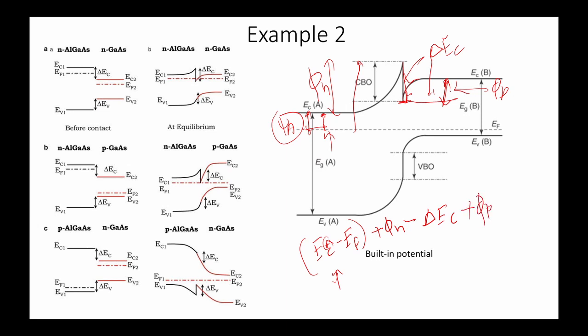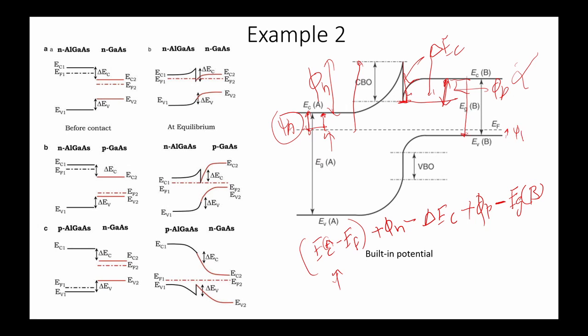Now from this we can go down till here at this junction, to the valence band. So we are going down, so this is the minus band gap Eg of that B material, the second material. And now what is this difference? This difference was psi n.